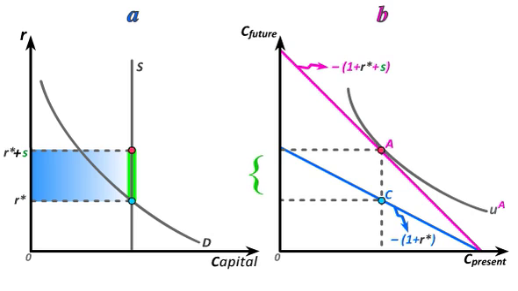From point A, we can see how much in future consumption this saver can undertake after the interest rate subsidy. From point C, we can see how much in future consumption this saver could have undertaken in the absence of the subsidy had she consumed the same amount today.